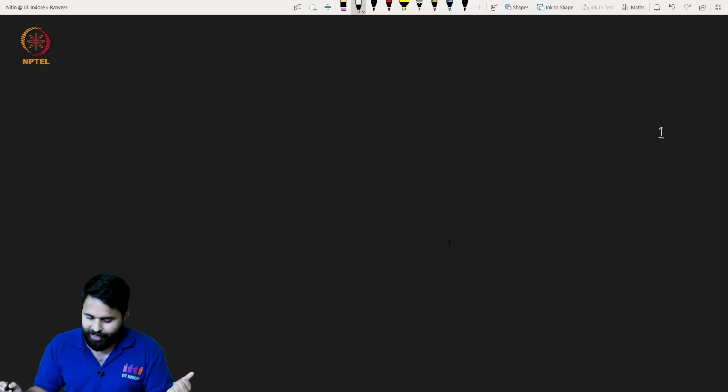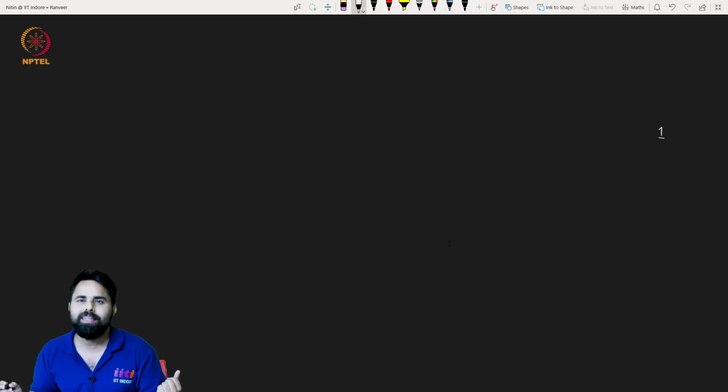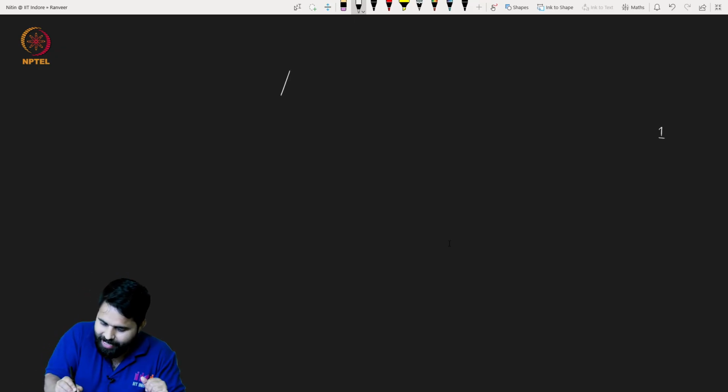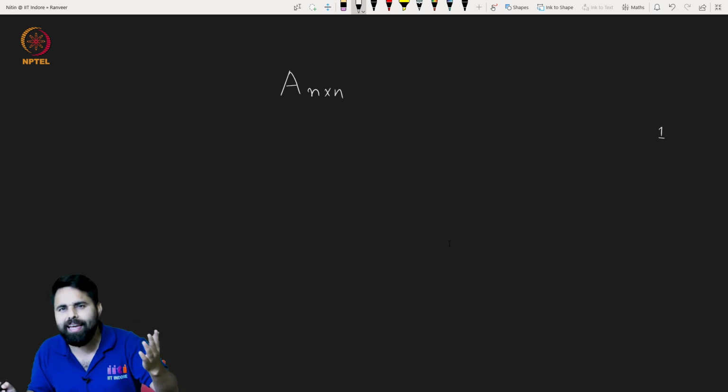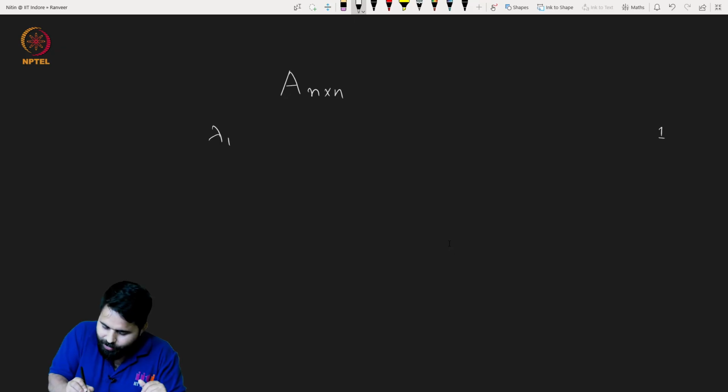Suppose we have a square matrix A of order n cross n. How many eigenvalues will it have? It will have n eigenvalues. Suppose these eigenvalues are lambda 1, lambda 2 up to lambda n.